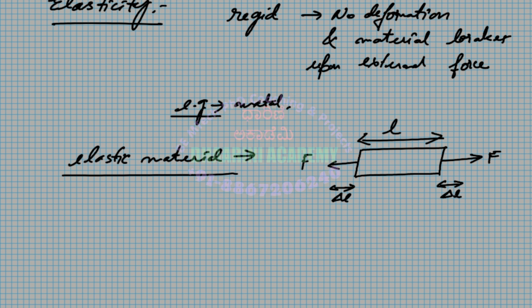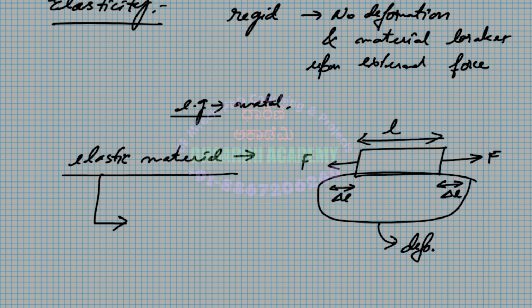But there is a special feature about the elastic material. Whenever the elongation happens, I'll call this the deformation. If you release the force, if I make the force equal to zero, what happens? The object regains its original shape.